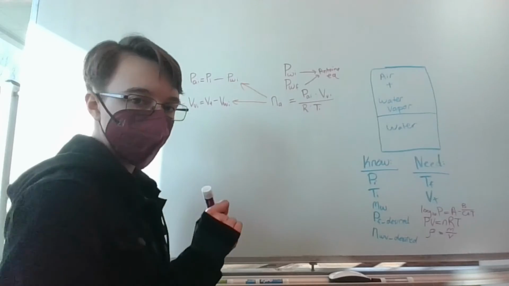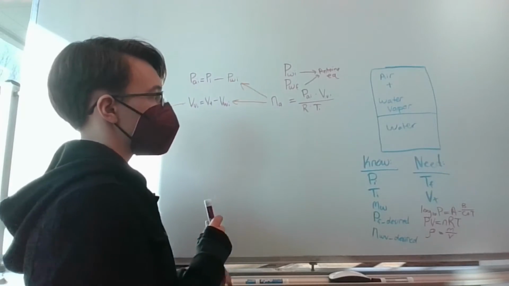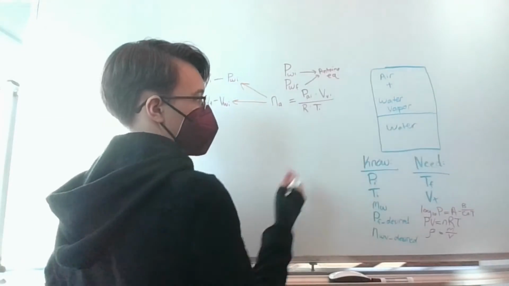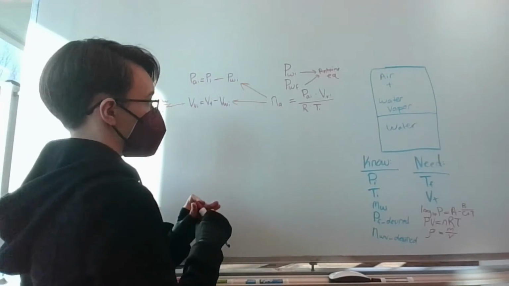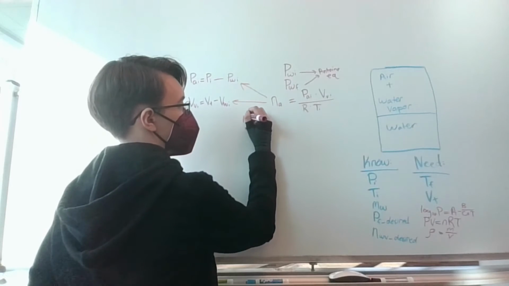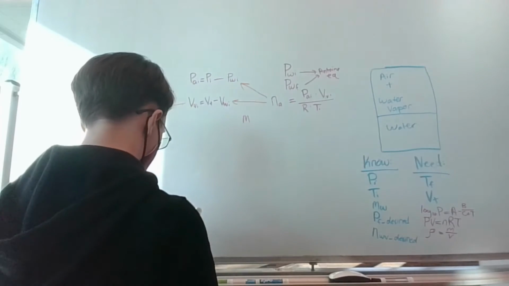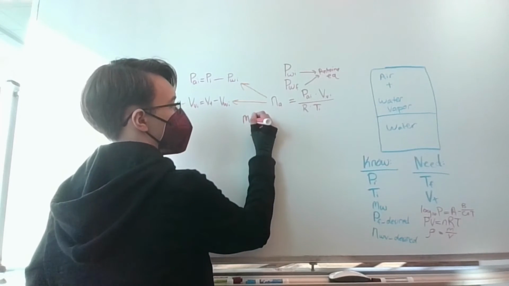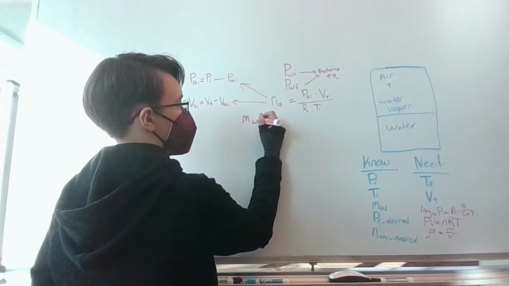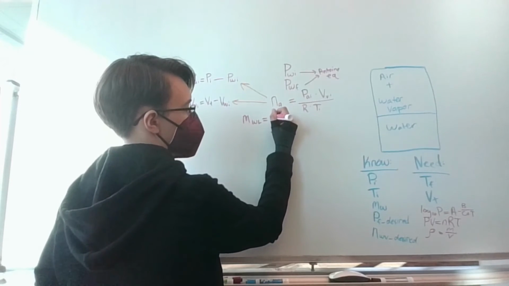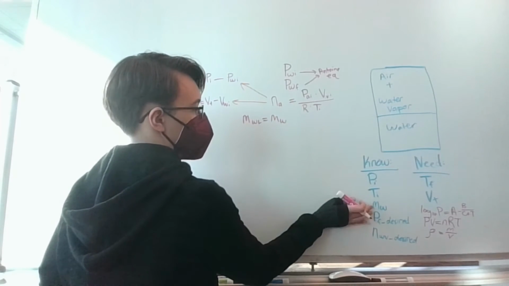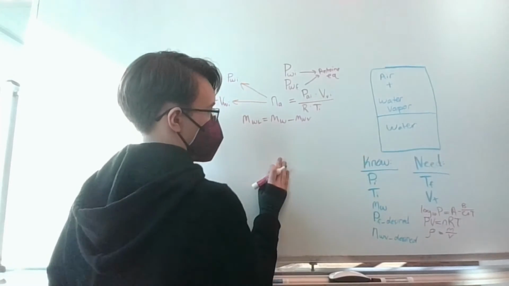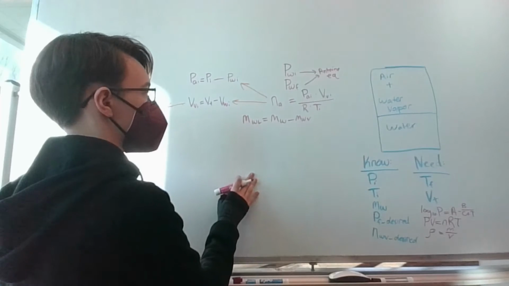Alright, so next, let's look for the mass of the water liquid. So we have the total mass of the water, which means we can find the mass of the water liquid. Mass water liquid is equal to the mass of the water total, so that's that, minus the mass of the water vapor, right? Okay, so we know this.